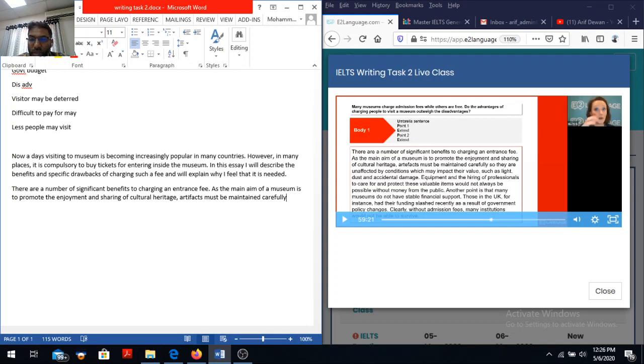Artifacts must be maintained carefully so they are unaffected by conditions which may impact their value.